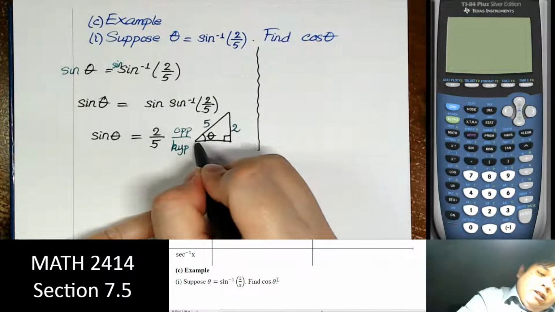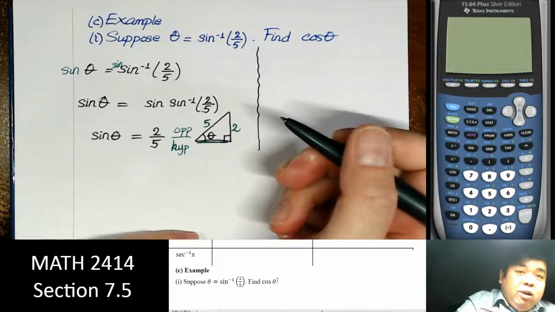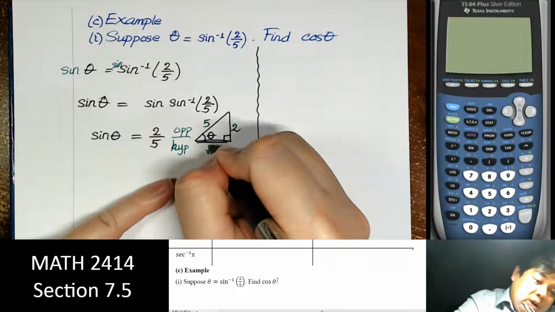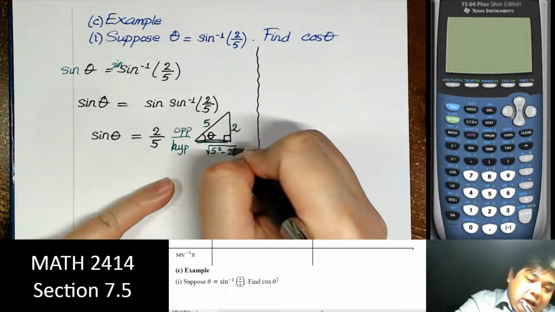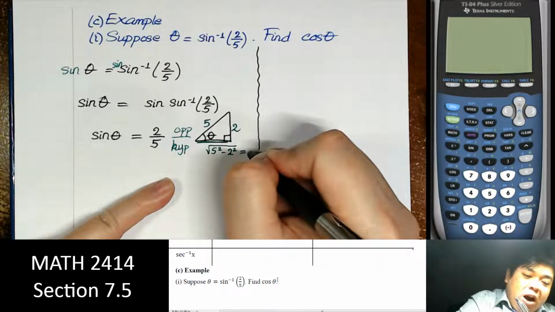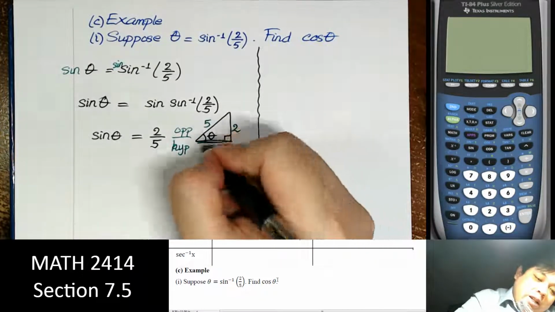In that case, the adjacent side is given by the Pythagorean theorem: square root of 5 squared minus 2 squared, which is 25 minus 4, 21. So the adjacent side is square root of 21.